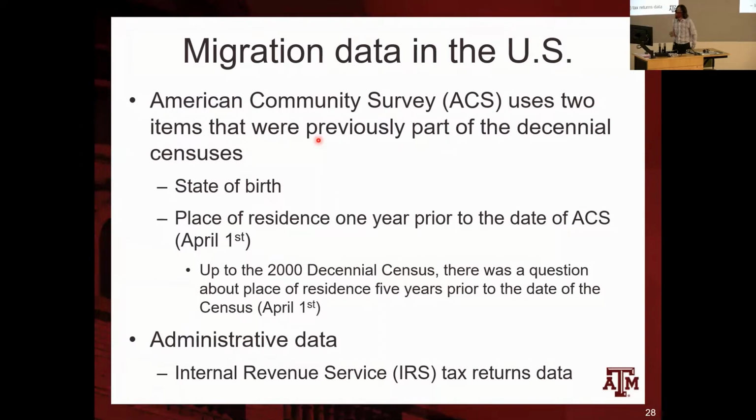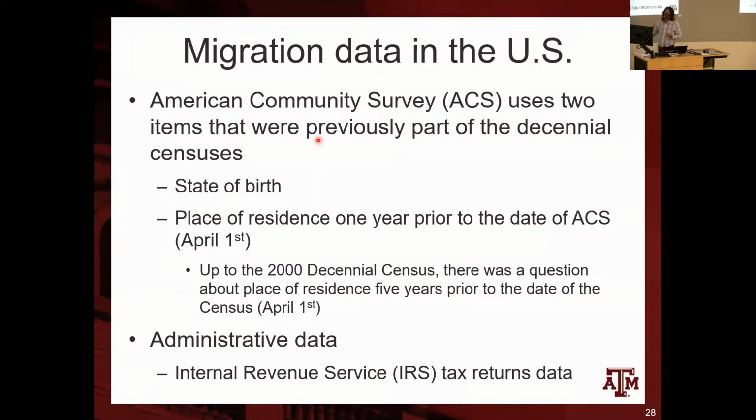So in the 2019 ACS, when people get into a specific household that was selected for that sample, they ask about all the people in that household: where were you living exactly on April 1st, 2018? So we know where they are now in 2019, and then we ask the question about where they were in 2018.